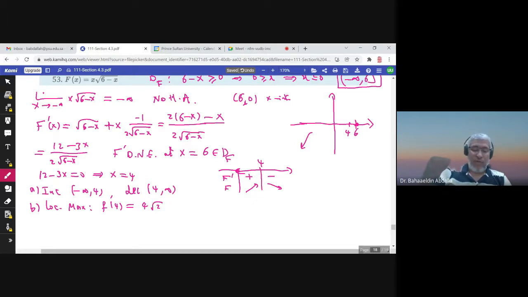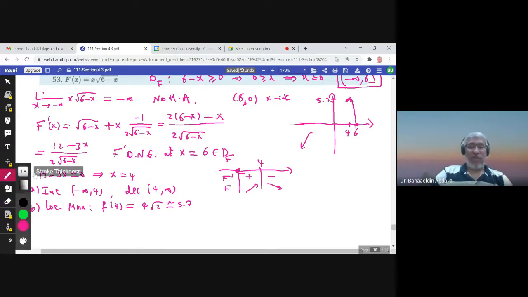And 4 times square root of 2 is approximately 5.7. So somewhere here, 5.7, this is a maximum. So it seems that the function goes like this, okay? And that's why at 6, I cannot draw a tangent line, so the derivative is not defined.